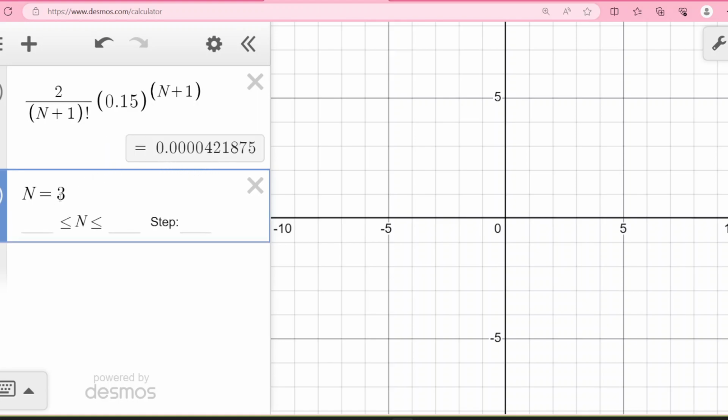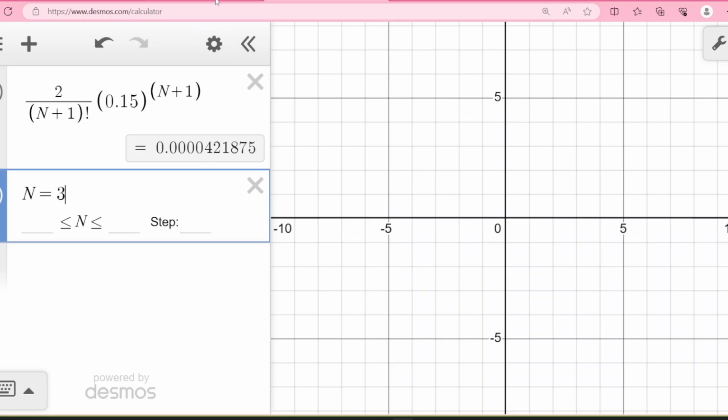Yeah, look at that. When n equals 3, this error bound is 0.00004, which is definitely less than a thousandth. So when I go out to the third degree Maclaurin polynomial and use it to estimate 2 times the cosine of 0.15, we're guaranteed the error to be less than this, which is definitely less than a thousandth.